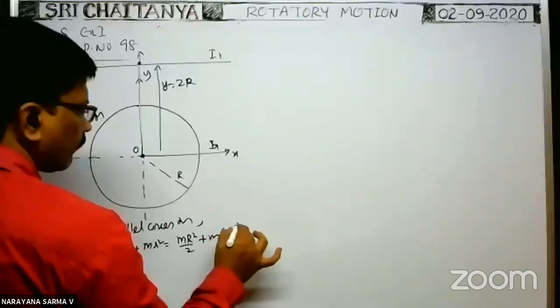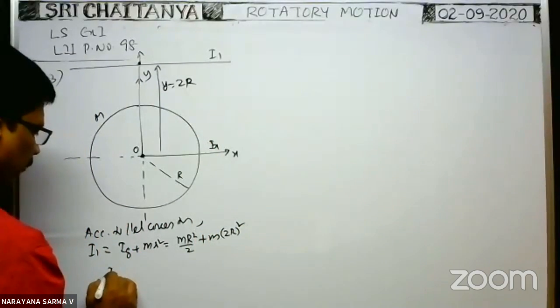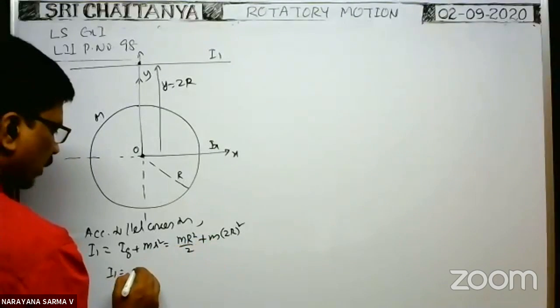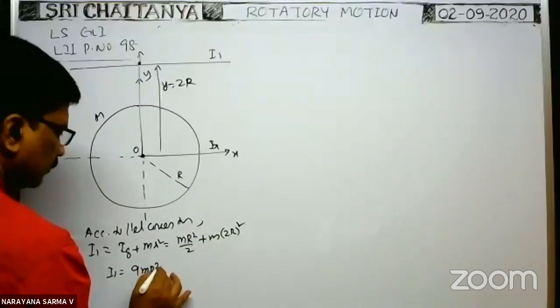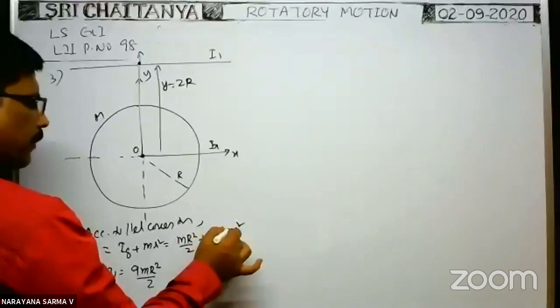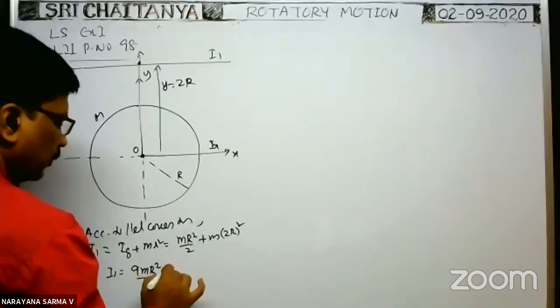Therefore I1 is equal to, taking the LCM, 8 m r square plus m r square, 9 m r square by 2. This is equation 1.